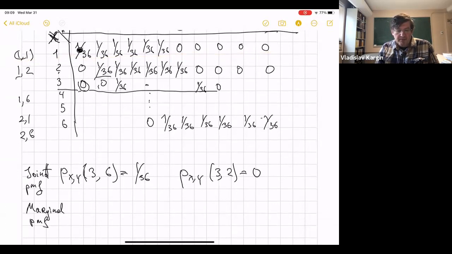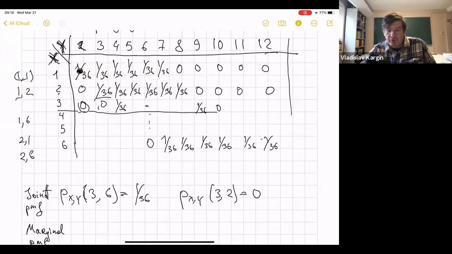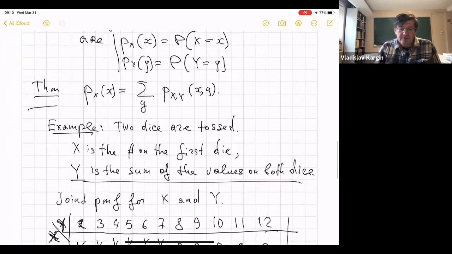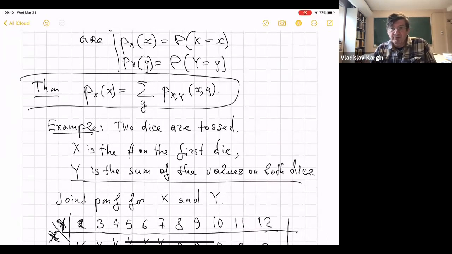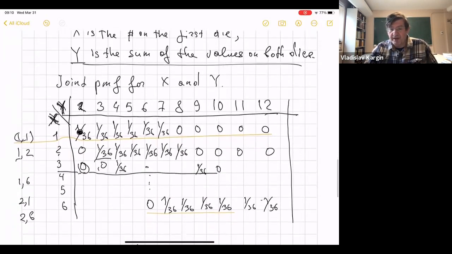PMF. Now to calculate the marginal PMF, we use the formula from the theorem: if you want the PMF for random variable X, we need to sum, for a fixed x, over all possible values of y.